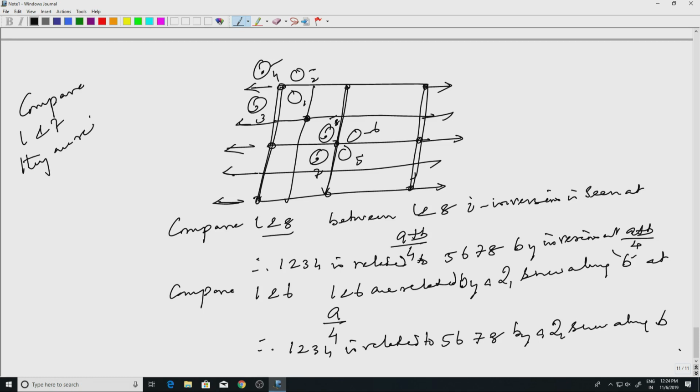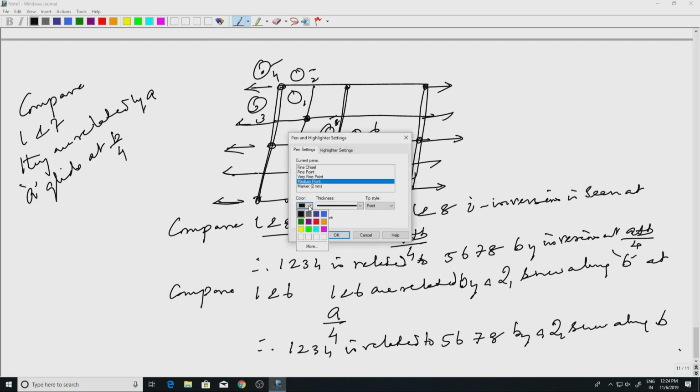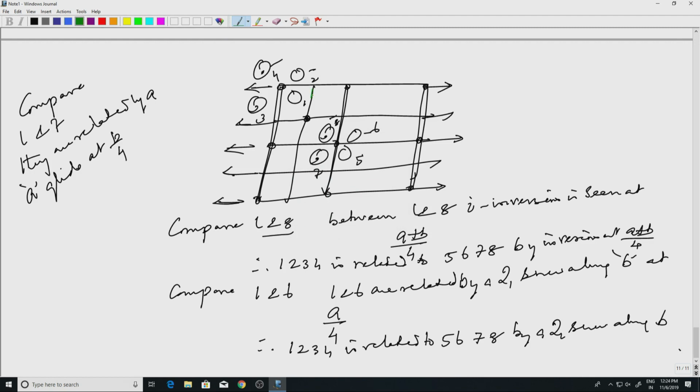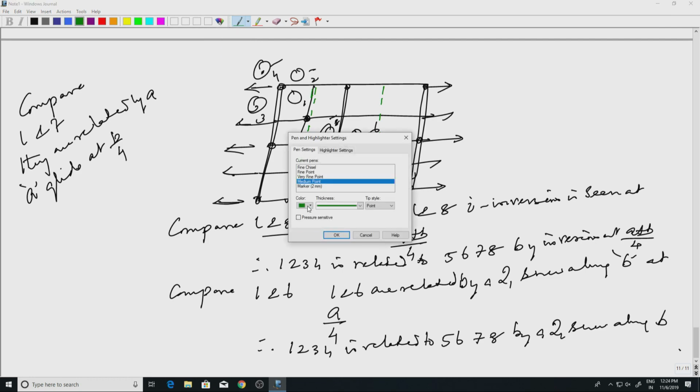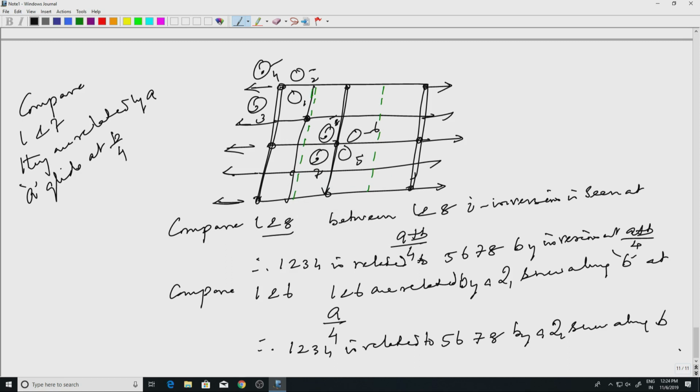They are related by a glide at B by 4. So, this becomes inversion here, inversion here, inversion here.